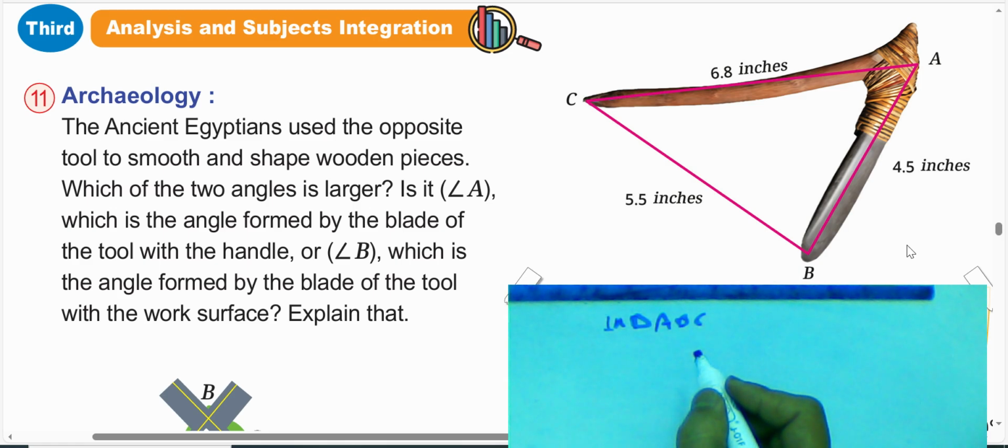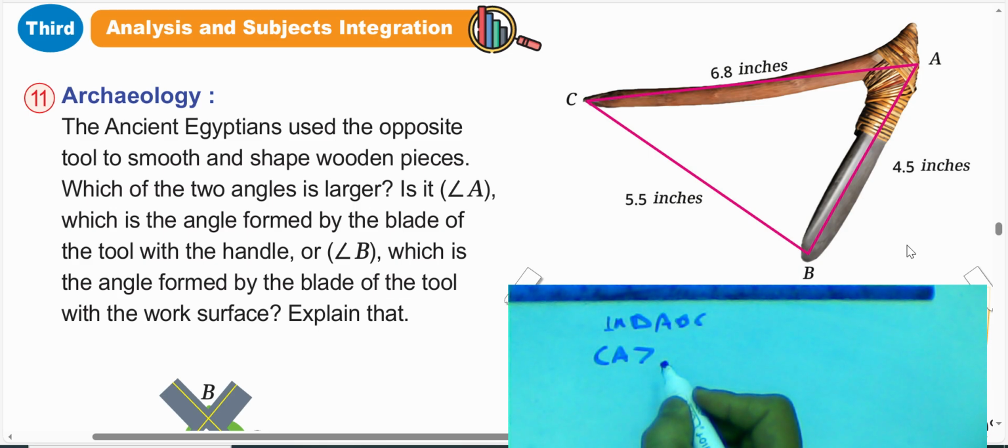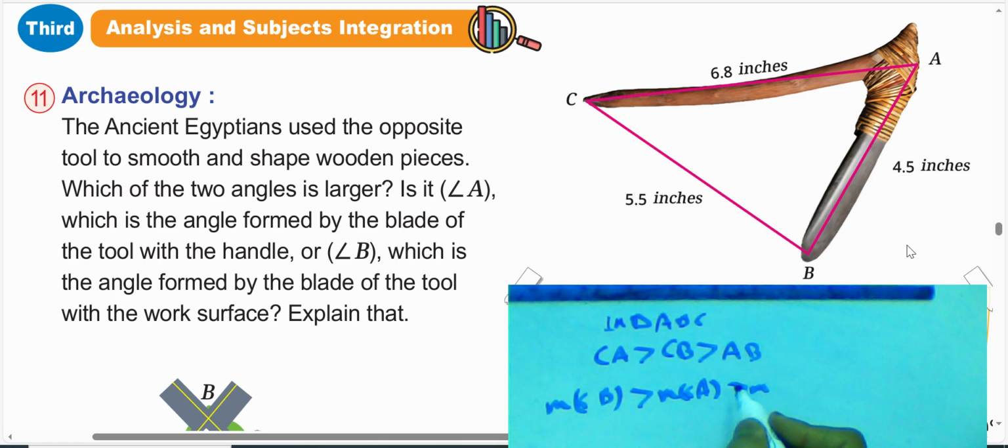Then we can start with the greatest side, CA, greater than 5.5, CB greater than AB. In the measure of the opposite angles, CA is opposite angle B, which is greater than the measure of angle A, opposite to CB, which is greater than angle C opposite to AB.